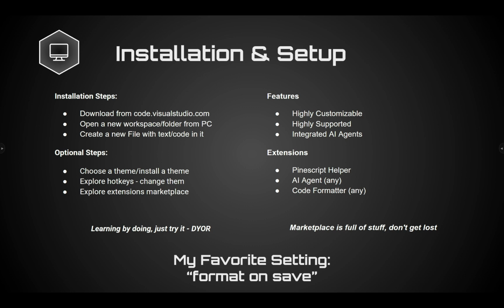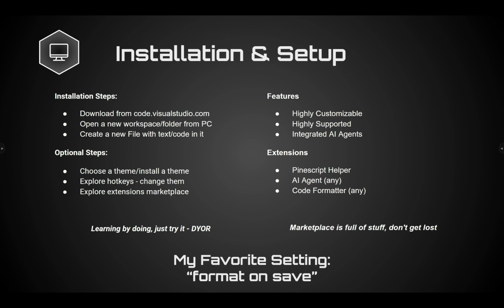So optional steps would also be to choose a theme. There are pre-installed themes like light or dark theme. There's a marketplace where people created other themes. If you want to look at that, you can do that. Don't go down the rabbit hole too deep, I would say. And also explore the hotkeys, change them if you need something.